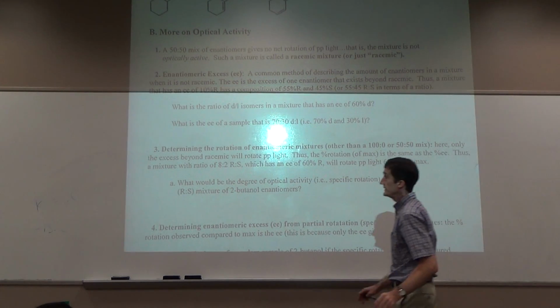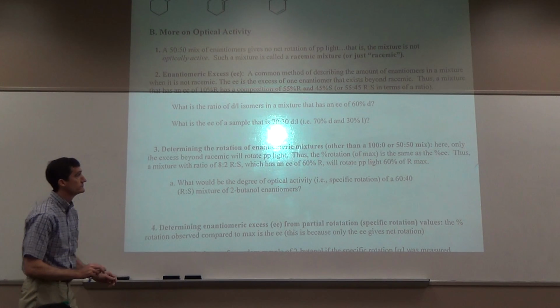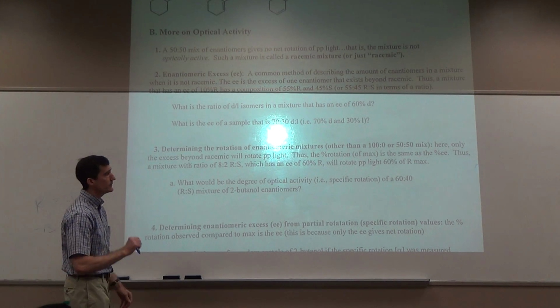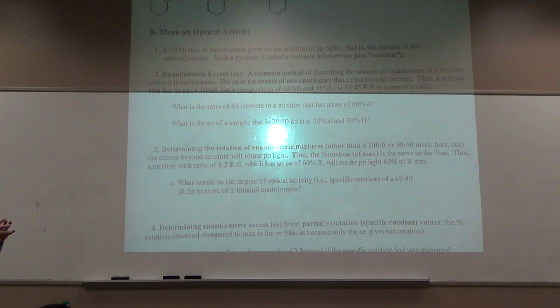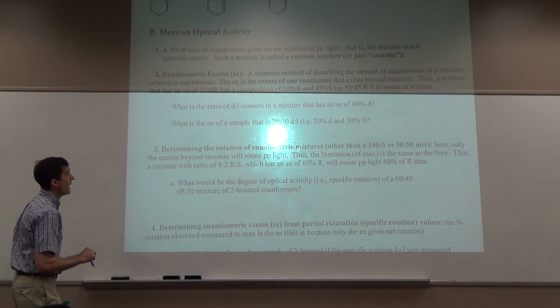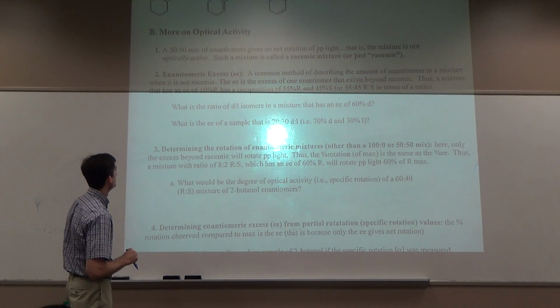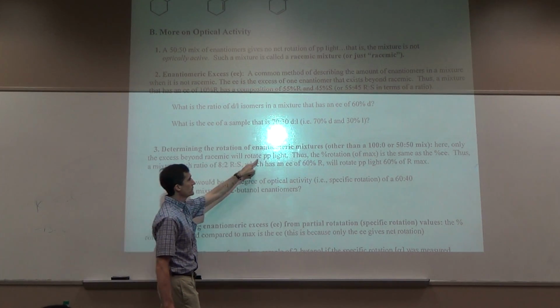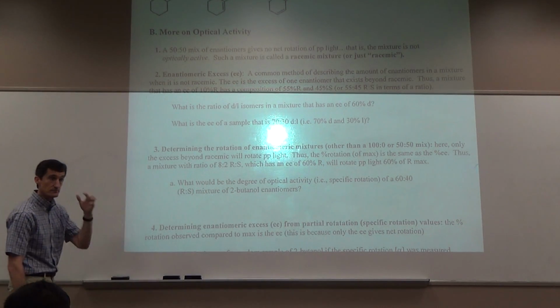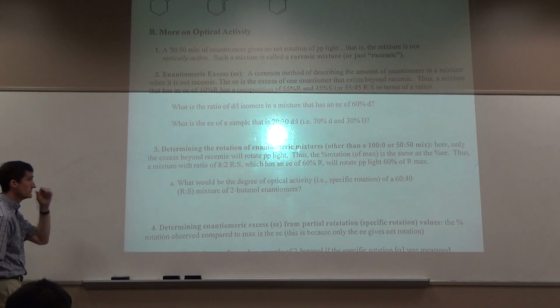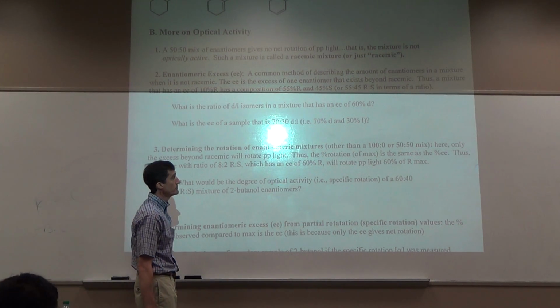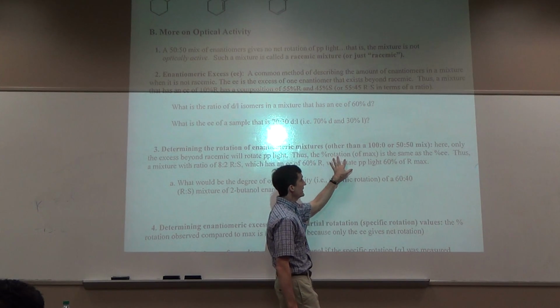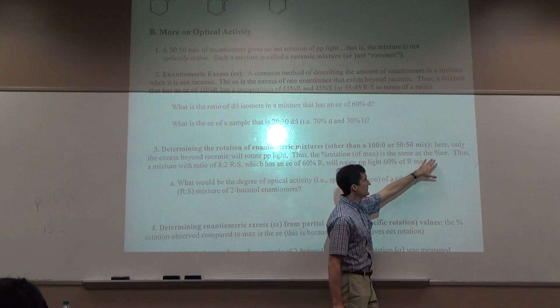How do you determine EEs? We do this by polarimetry, shining the light. We have to understand that only the excess beyond racemic will rotate polarized light. And actually, the percent rotation is the same as the EE.